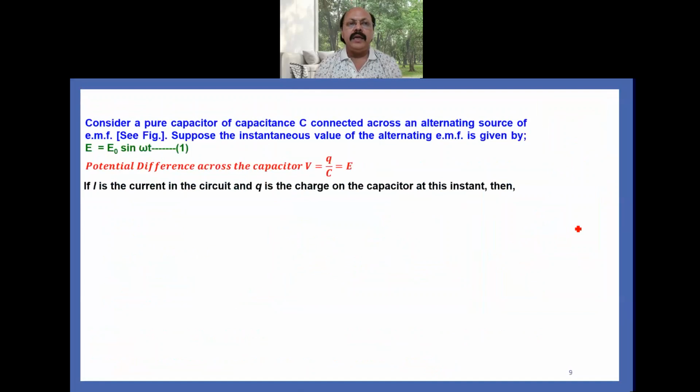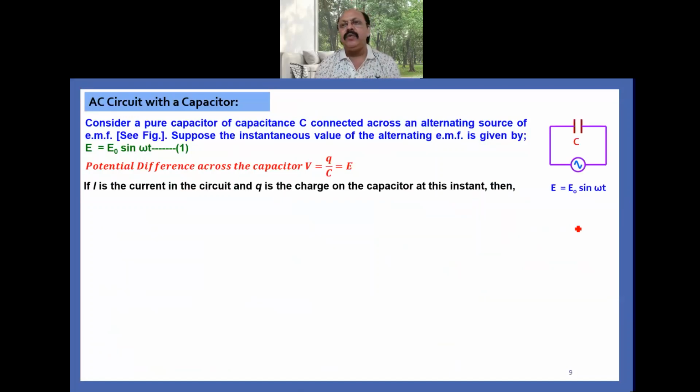Now another topic is AC circuit with a capacitor. Similarly, we consider a capacitor of capacitance C connected to an alternating source of EMF E, that is E equal to E naught sin omega t. Mark equation number 1.